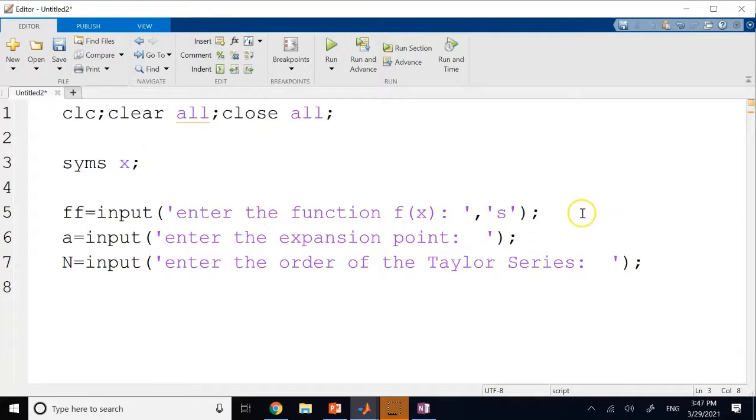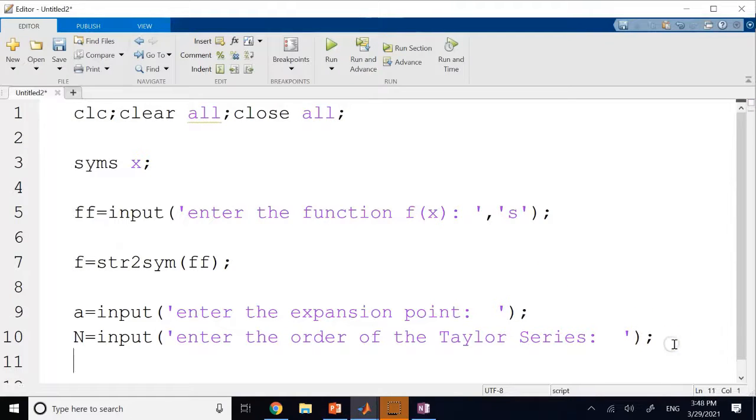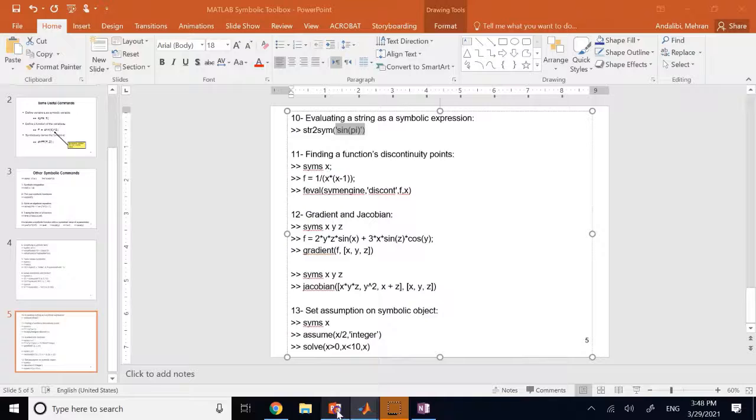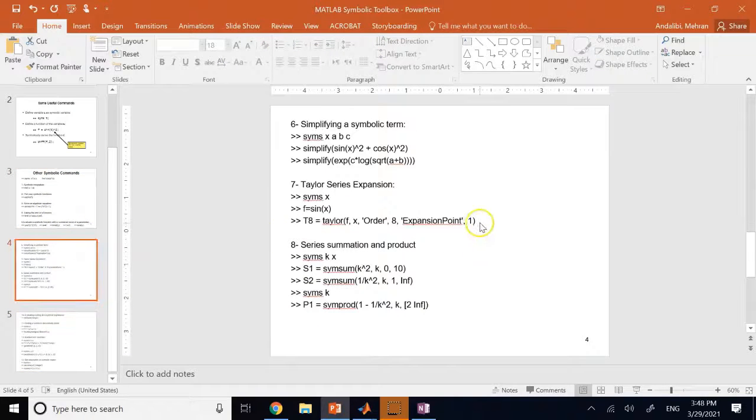And whenever you get that FF, how do you convert it into a symbolic function? You say F is equal to string to symbolic of FF. So now this F is going to be a symbolic function. Right? And then you can use your Taylor command, correct? Here.